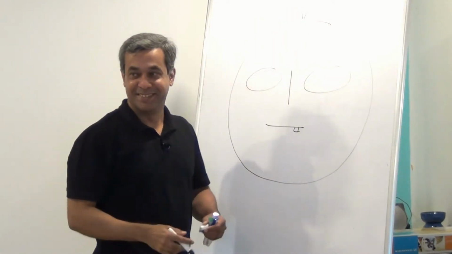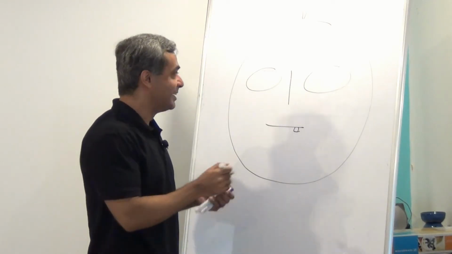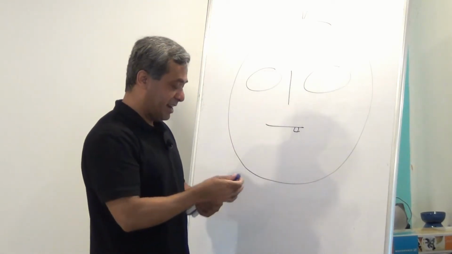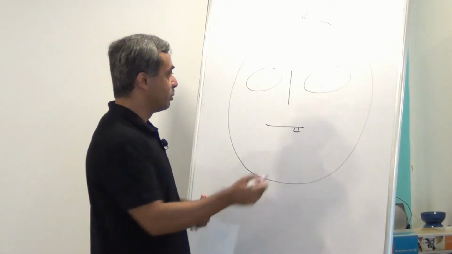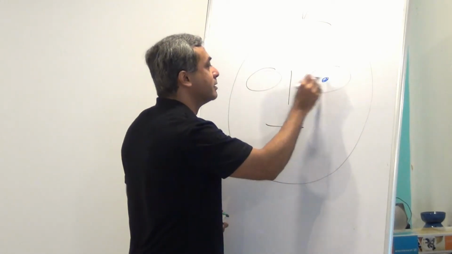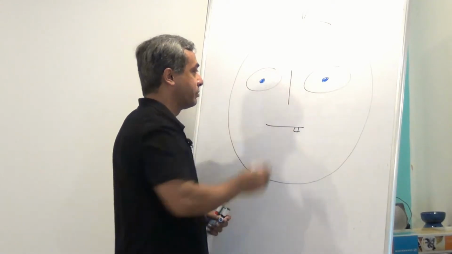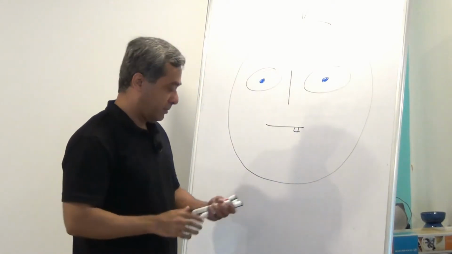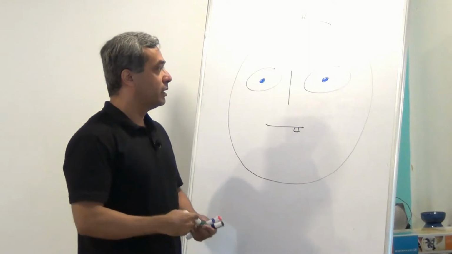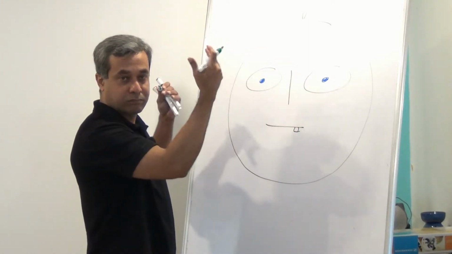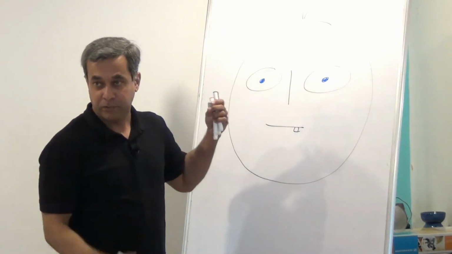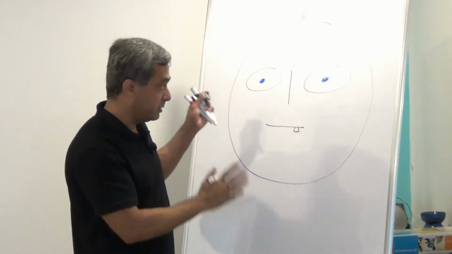I don't have a brown whiteboard marker, my eyes are brown, so I'll use blue. Here goes. This is the face of a person you're looking at. Your coaching clients, not your face, someone else's face.